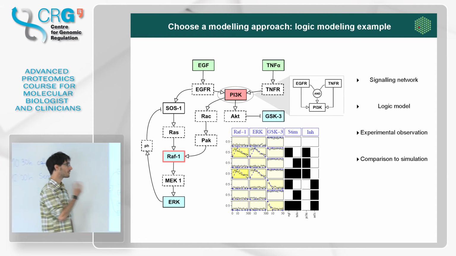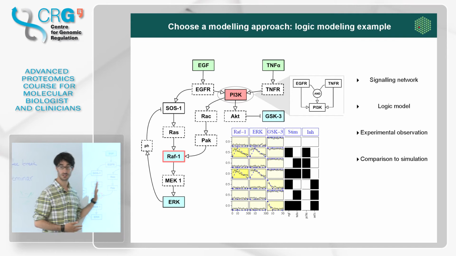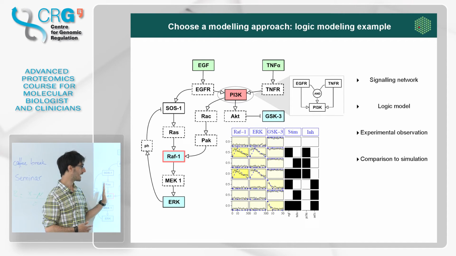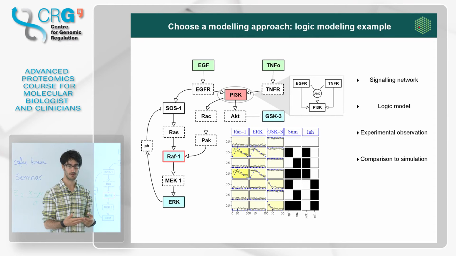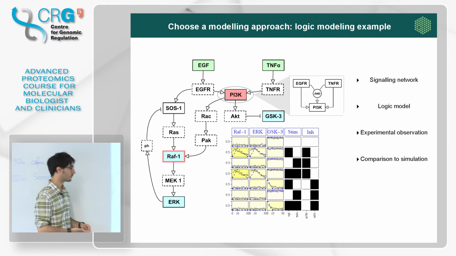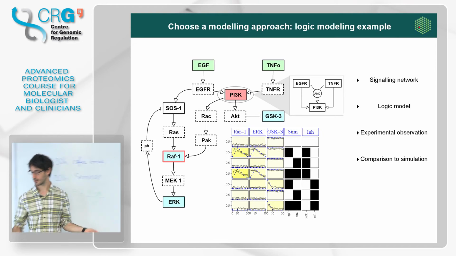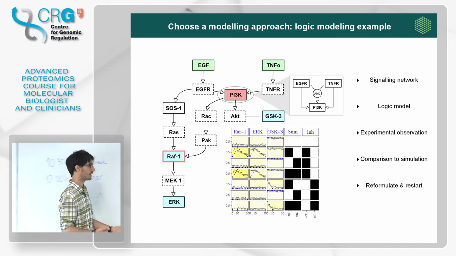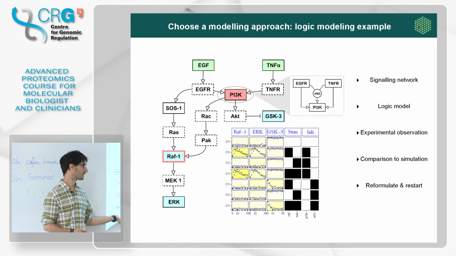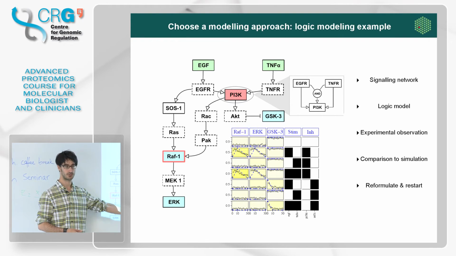Right. So from that, we can learn where our network is wrong: upstream of those nodes that are very dissimilar from their data. And then we can modify the network by removing interactions, for example. Meaning we can reformulate our hypothesis and restart the process where we compare it to the data.